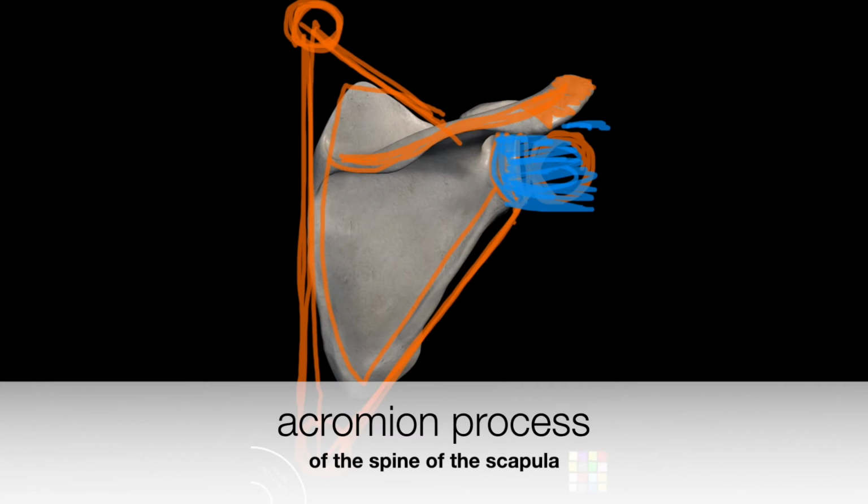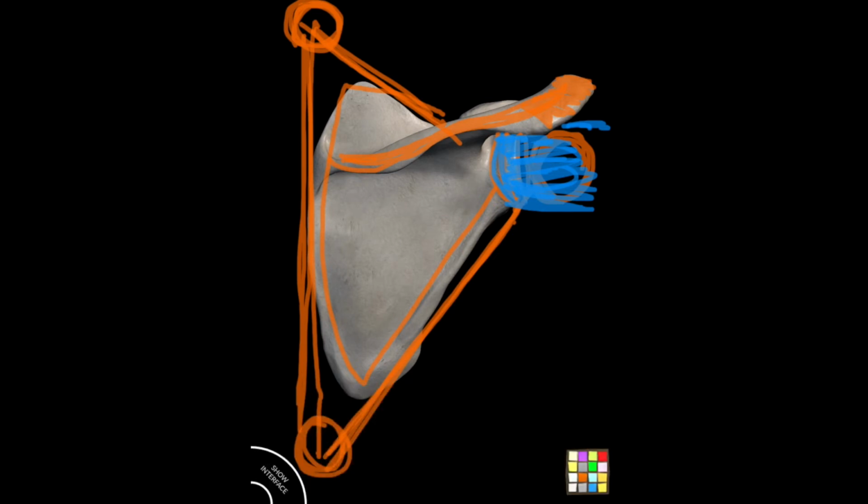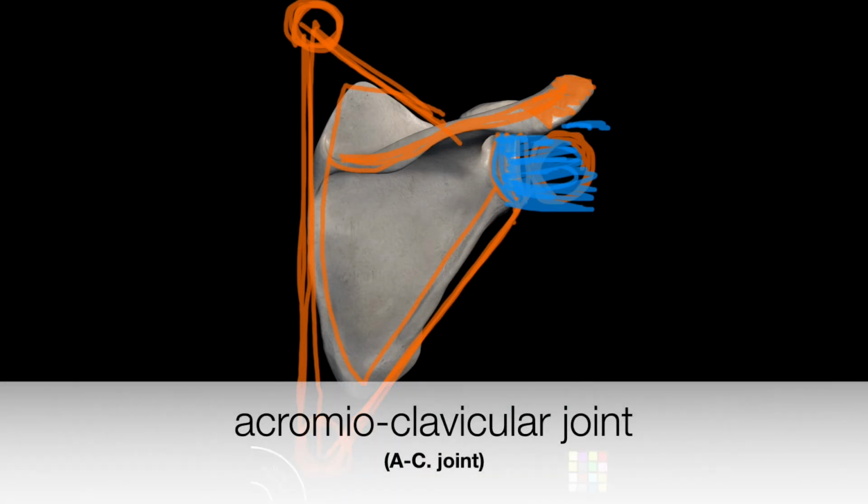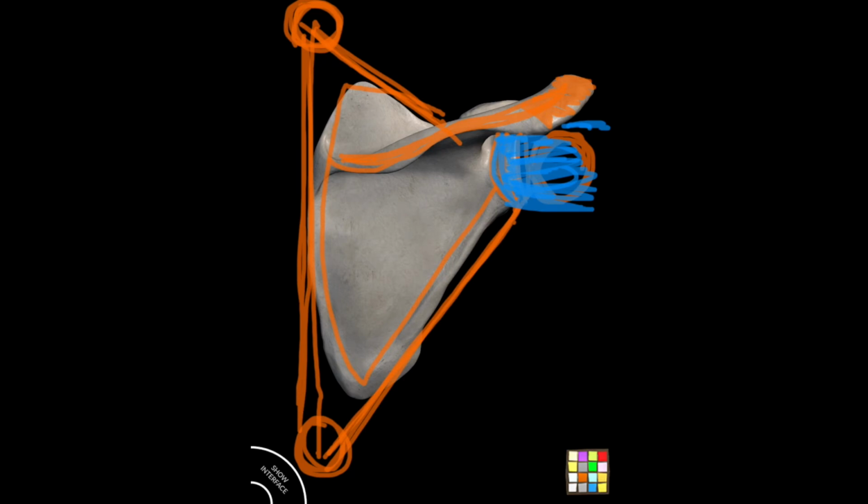The tip of the acromion process ends in an articular surface for the clavicle, which is the anterior bone of the pectoral girdle, and that forms the acromioclavicular or AC joint, which is arched over the glenohumeral joint or shoulder joint.